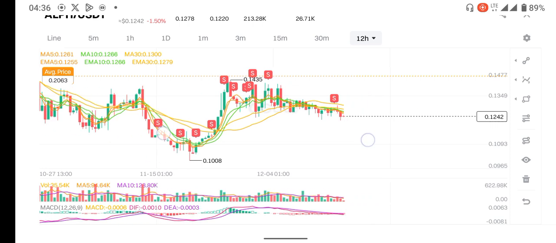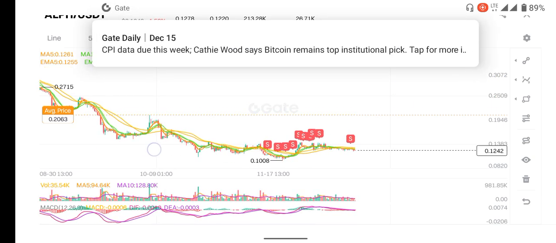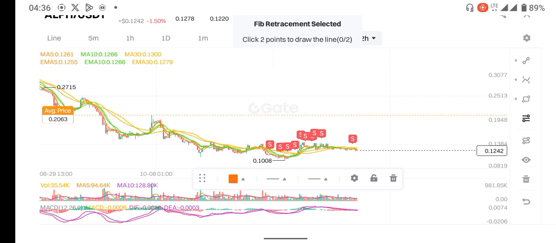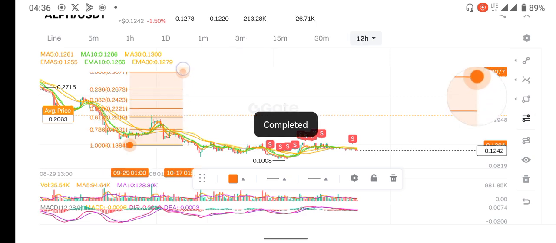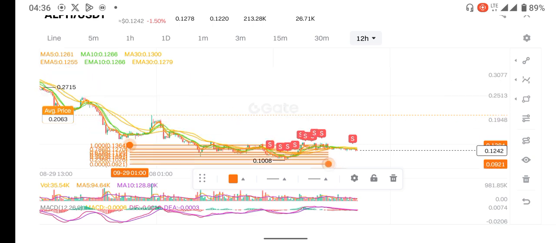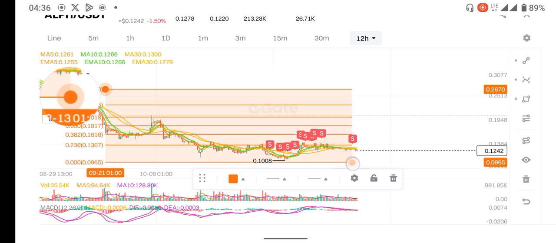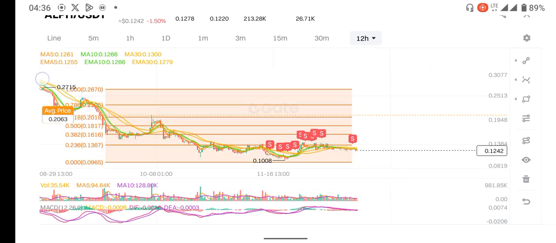If I want to pull out my Fibonacci retracement, I'm trying to have an idea of what the price can retrace to. Let me draw the two levels. Let me take this particular point here.